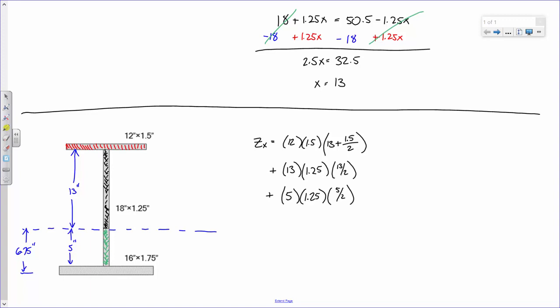And then finally, we have this shape down here. And so that is 16 times 1.75 times what? Is that a fair statement?